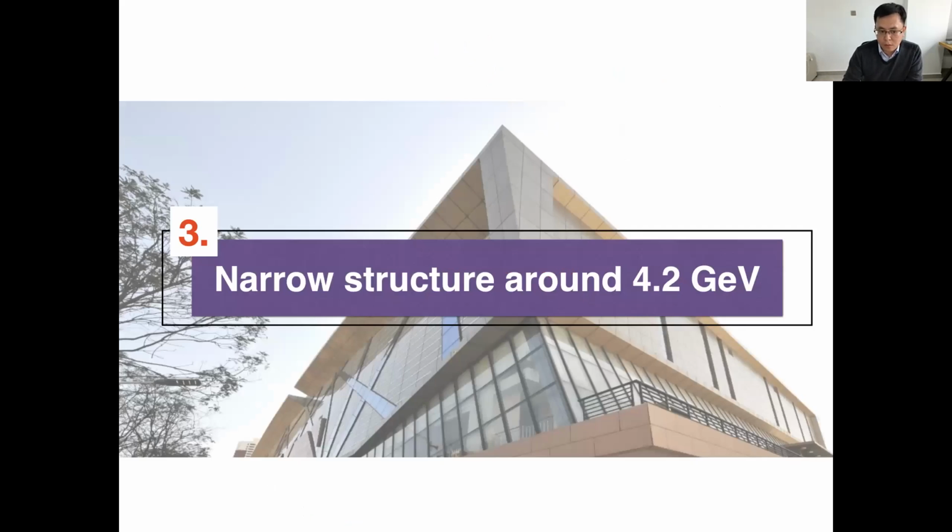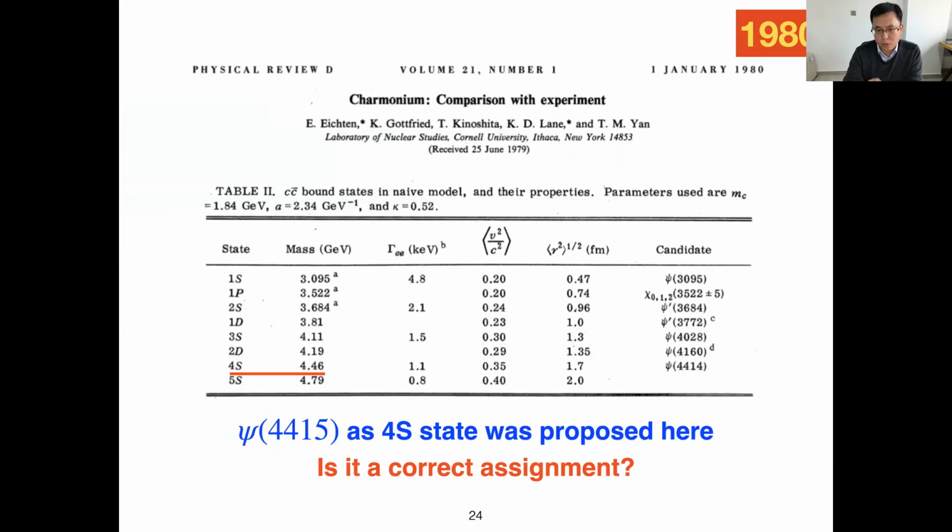I want to emphasize that this Y state around 4.2 GeV is a nanostructure. It's very important. Firstly, I also want to introduce some old work from the Cornell group. In 1978, the Cornell group did a calculation for the charmonium mass spectra.